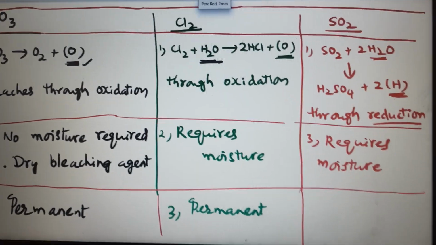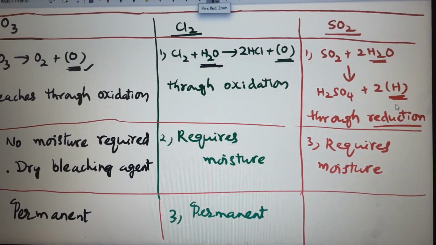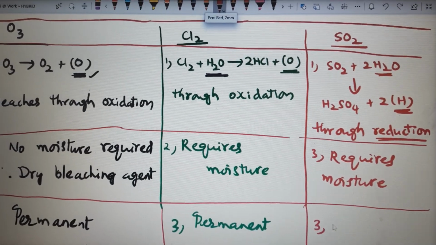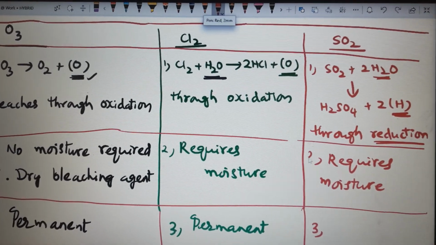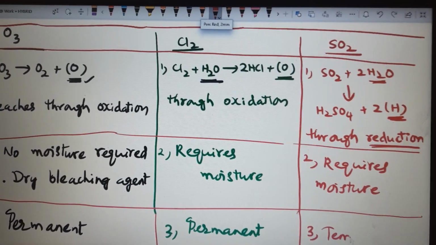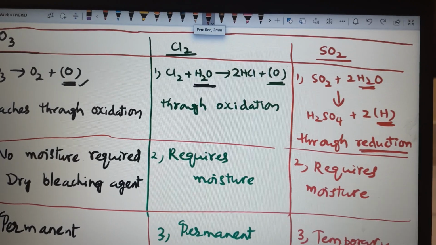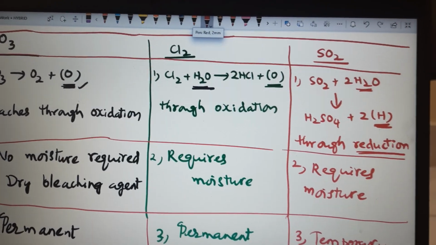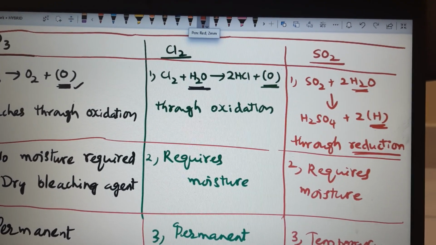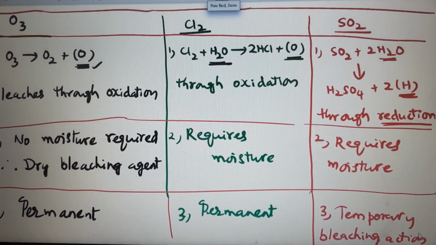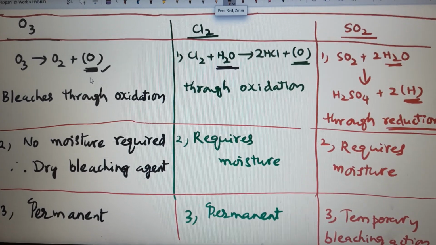Whereas in case of SO2, being that it bleaches through reduction, its bleaching action is temporary.